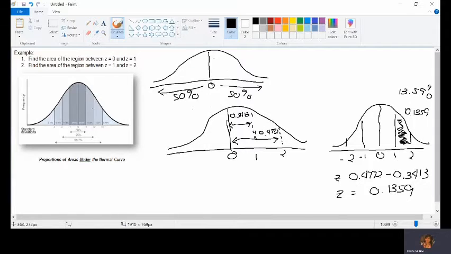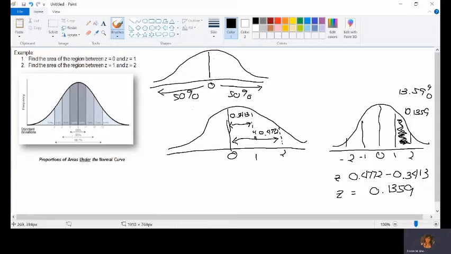So if we look into this chart, you can see that from 0 to 1, it will give us an area of 34%, which is also equal to 34.13%. From 1 to 2, that will give us 13.59%. And from 3 to maybe 4, that will give us 0.15%.